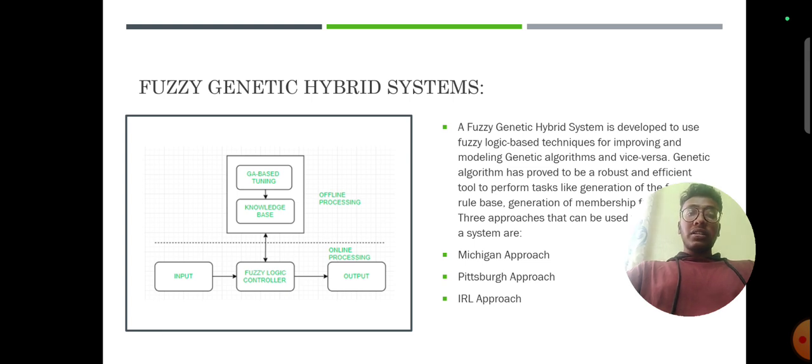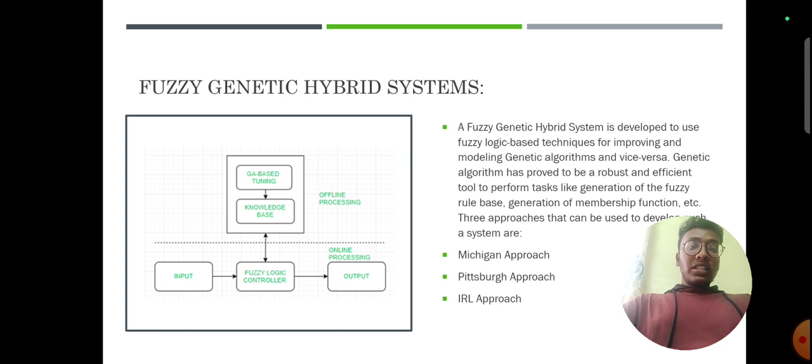And the third type is known as fuzzy-genetic hybrid systems. The fuzzy-genetic hybrid system is developed to use fuzzy logic based techniques for improving and modeling genetic algorithms and vice versa. Genetic algorithms have proved to be a robust and efficient tool to perform tasks such as generation of fuzzy rule bases, generation of membership functions, etc. The approaches that can be used to develop such a system are the Michigan approach, the Pittsburgh approach, and the IRL approach.